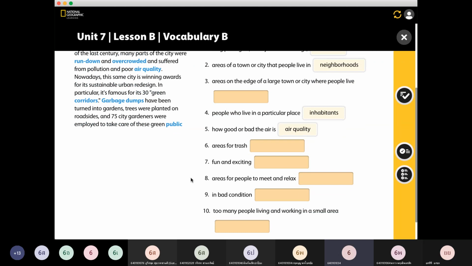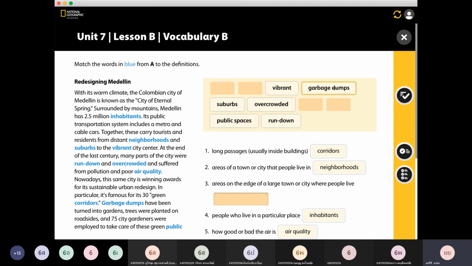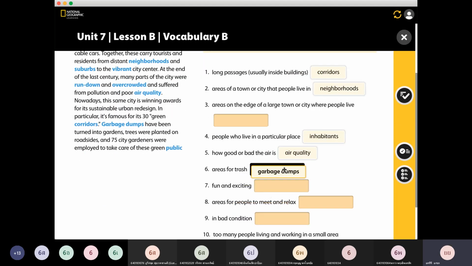Number 6, garbage dump. Okay, an area for trash. So you say garbage dumps.